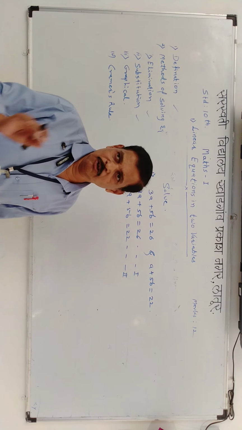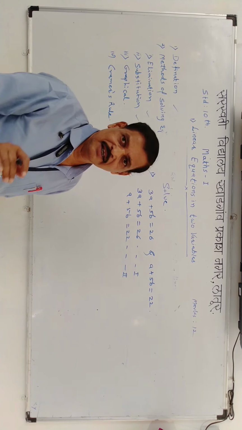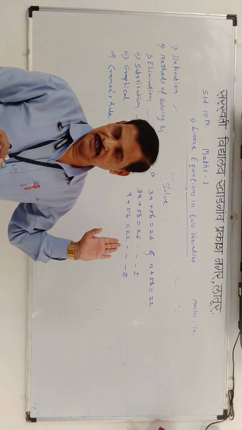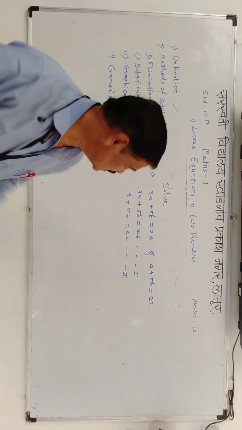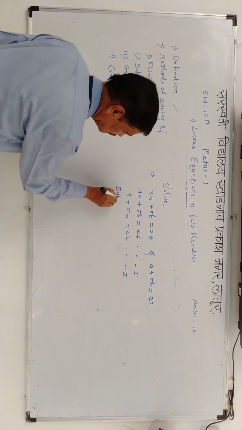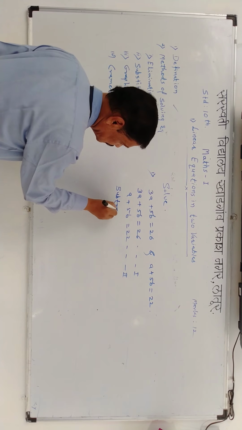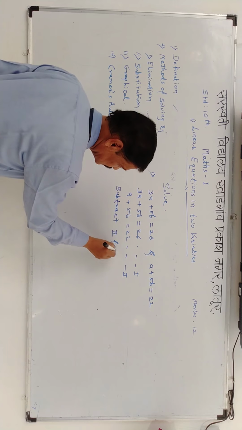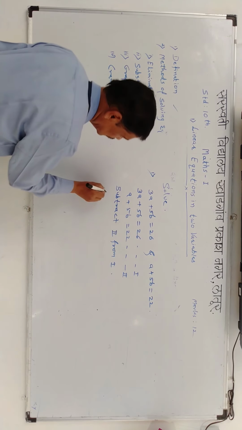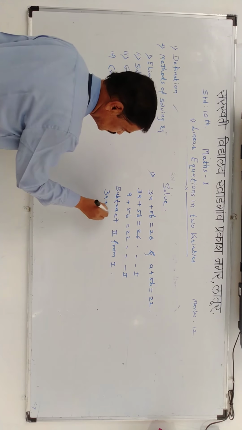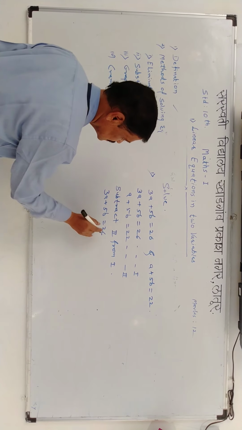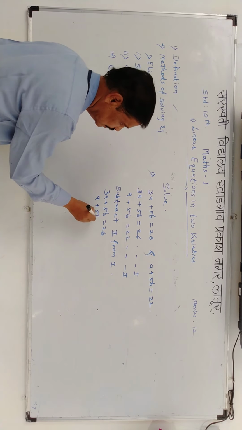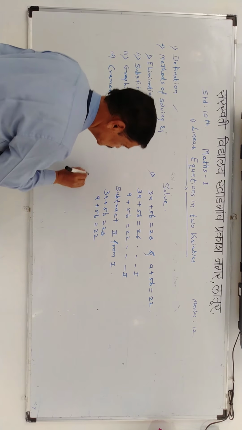Whenever the coefficient of any one variable is equal, at that time we have to subtract the second from first. 3a plus 5b is equal to 26, and a plus 5b is equal to 22.